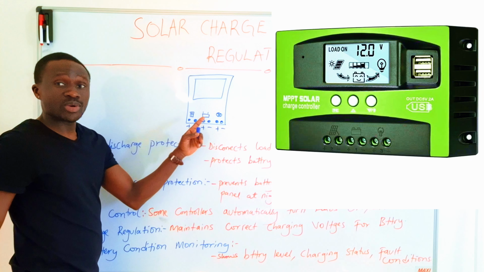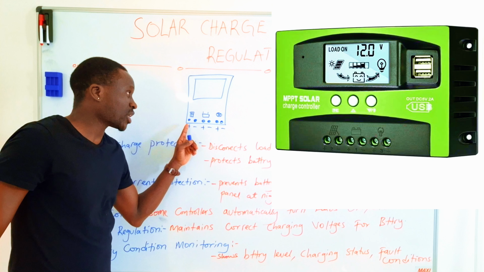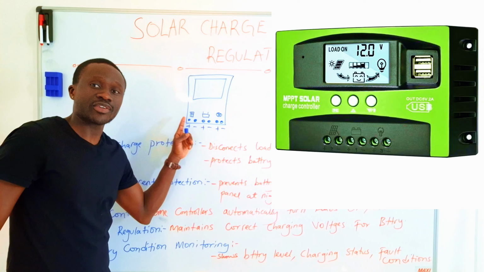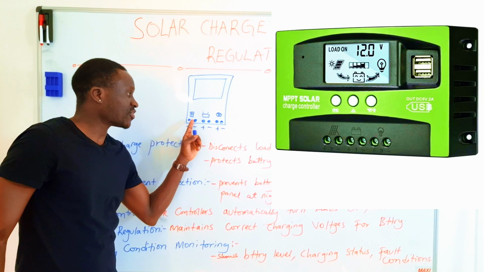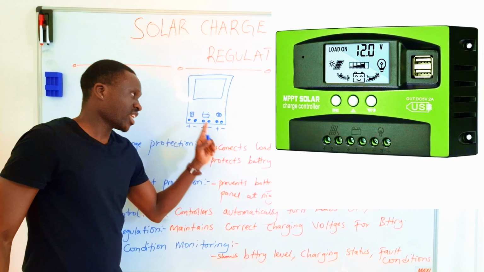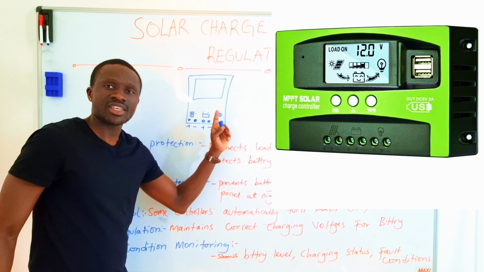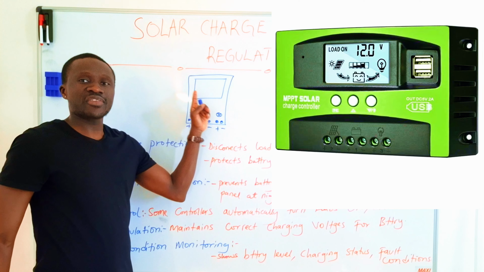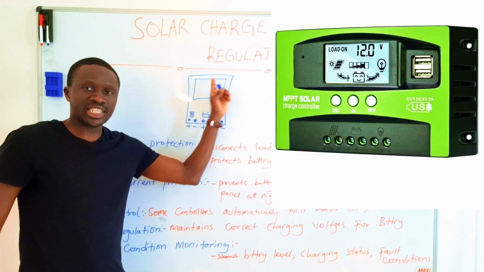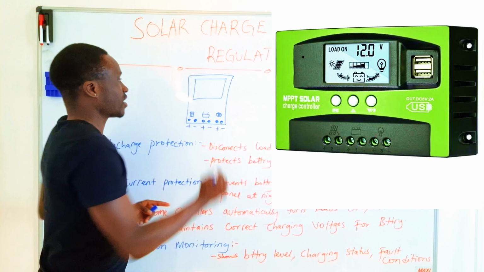Okay, so anyone can connect this charge controller because it's showing you positive. Connect it here from the panel. It shows you negative here, positive from the battery, negative from the battery, even positive from the loads, then negative from the loads. Then it will display everything here, that you have connected the load, the panel, and the battery.